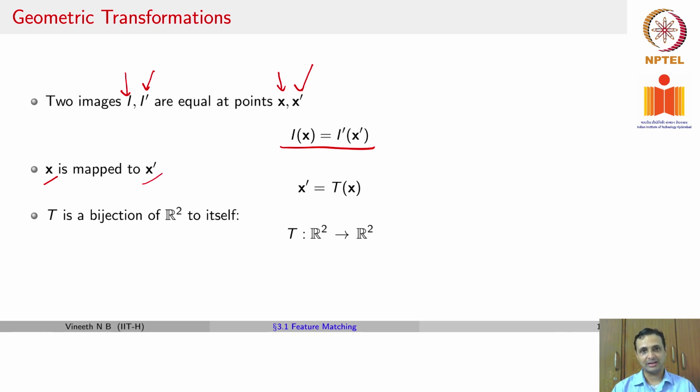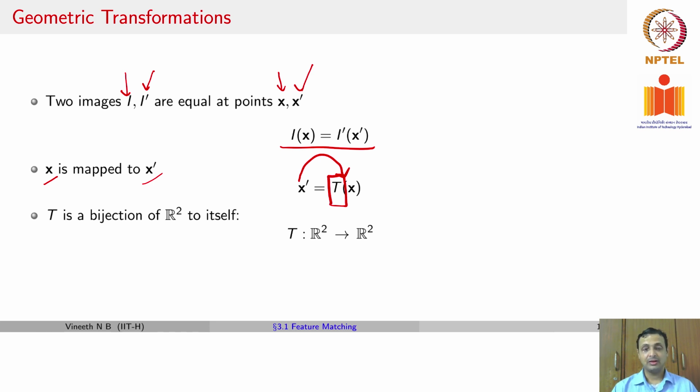Or rather, you can write this as x prime is some transformation of x. We got the point x prime by perhaps rotating the first image, or by translating the first image, or by zooming into the first image. We're going to refer to all those kinds of transformations such as rotation, translation, scaling as a transformation matrix T.